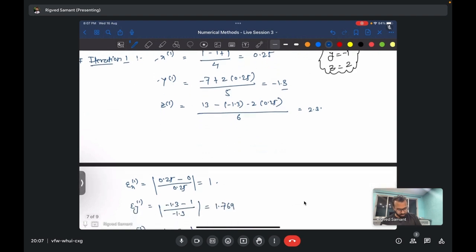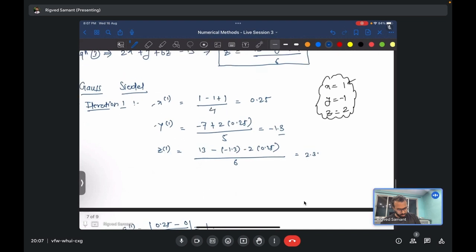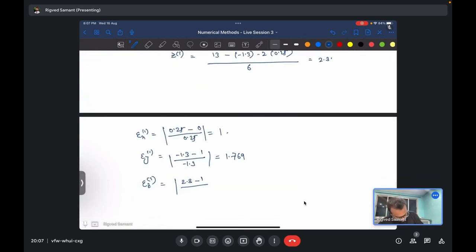Okay. Divided by which value? 2.3. So 1.3 to 0.5652.